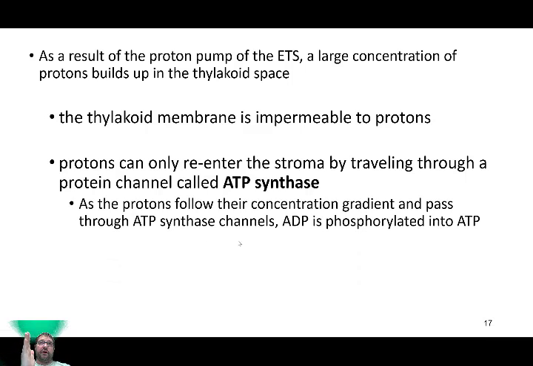Protons, again, we kind of touched on this before, that material in living systems is often trying to reach equilibrium. So if you push a bunch of stuff on one side of the membrane and you have very little on the other side of the membrane, that material wants to go back across and reach an equilibrium between the two sides.